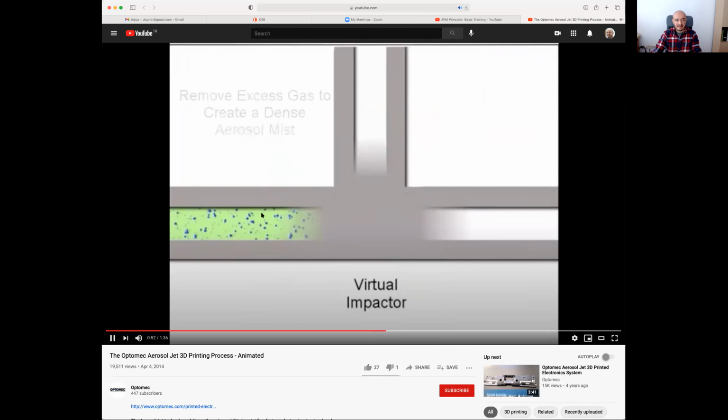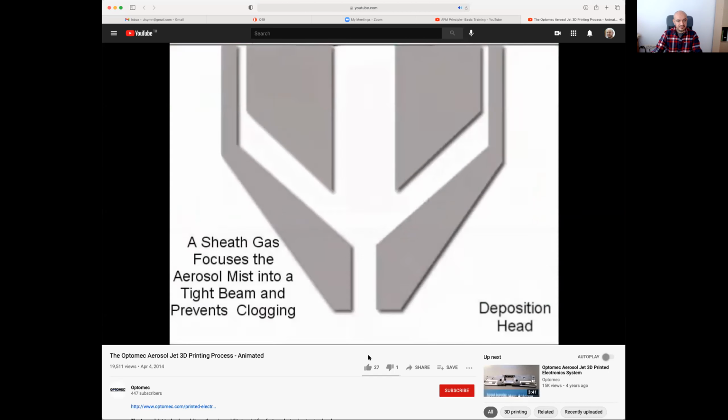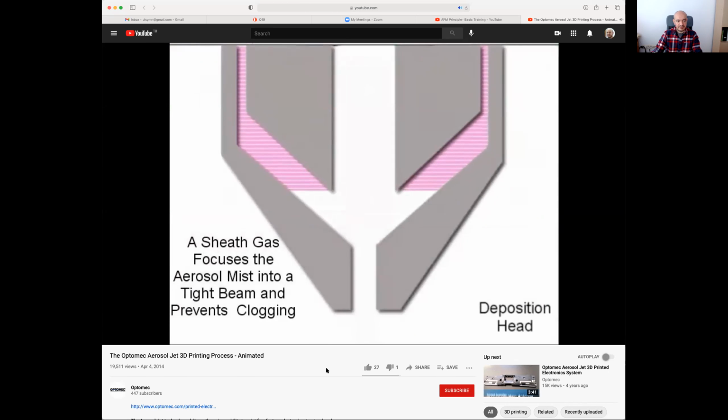Since we have gas around, we are trying to remove this gas so that the intensity of these particles will be higher, and we will have a proper deposition process. Again, they are using some helping gases.